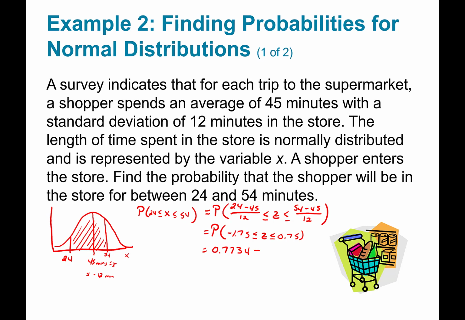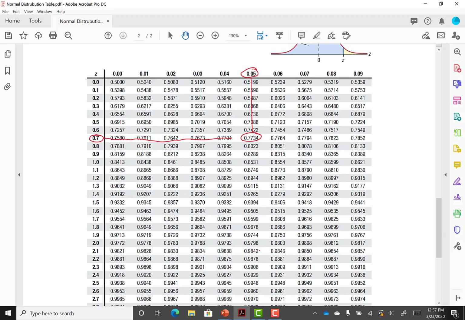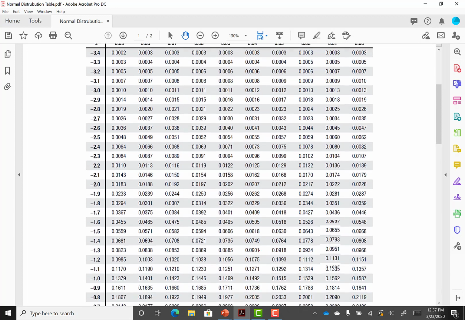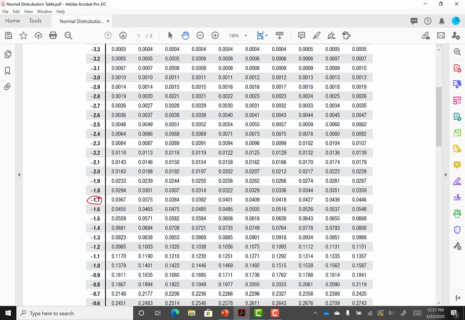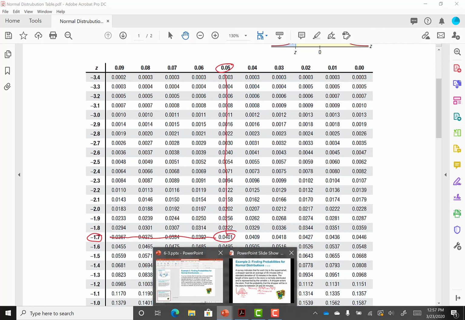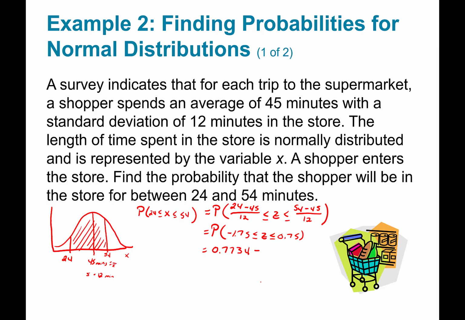And then we do the same exact thing for our negative 1.75. So we're back on the first page of the z-score table. Negative 1.7 and then 0.05. Same thing, where that row and column meet is 0.0401. So we have 0.7734 minus 0.0401.